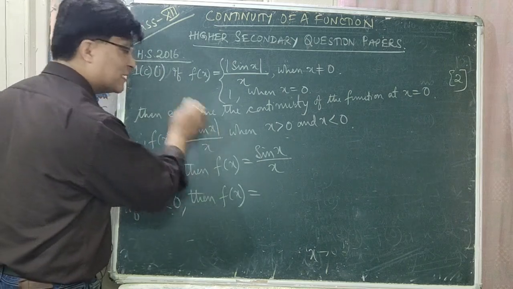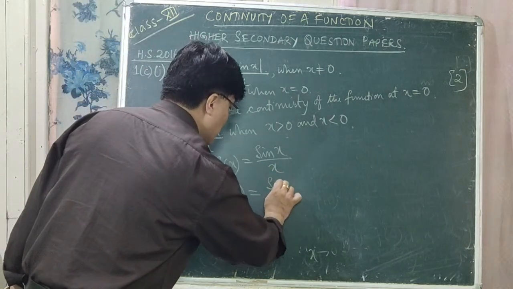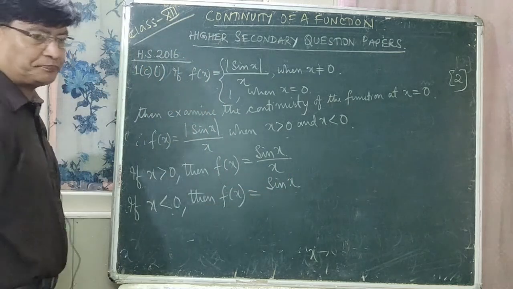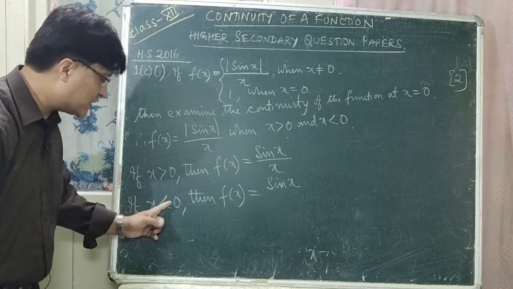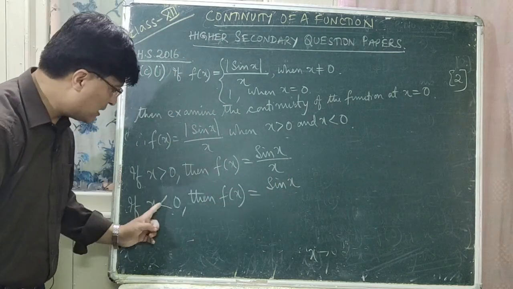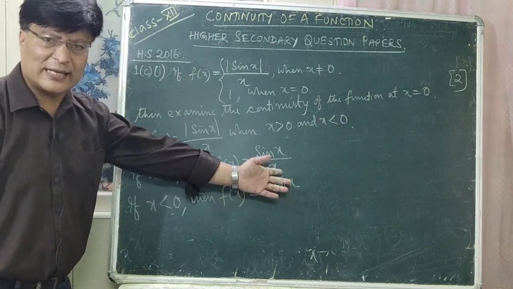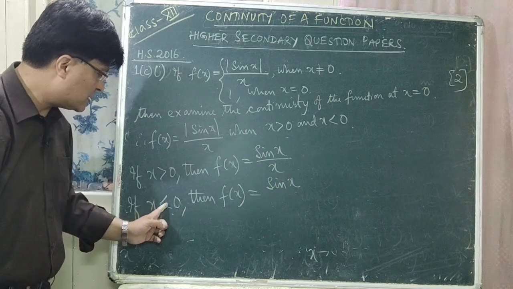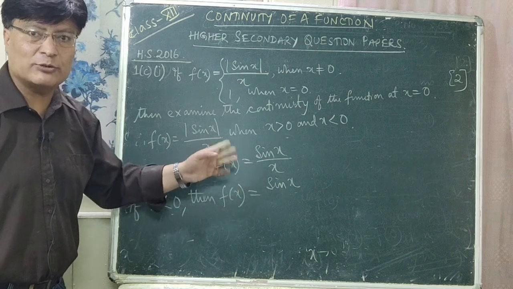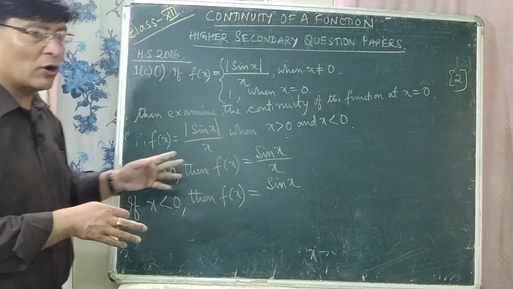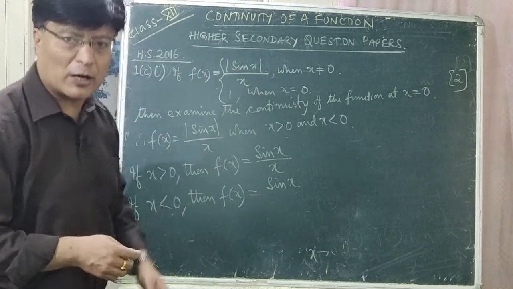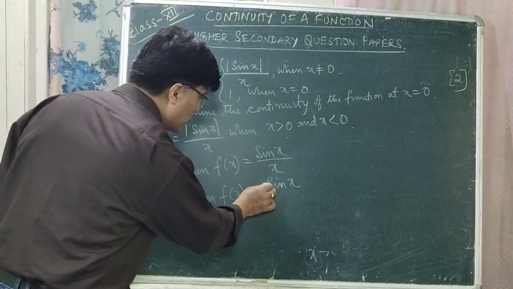You will get minus sin x. So if you write only sin x out here, if x is less than 0, sin x is negative, but you should make it positive. Within modulus sign means its value should always be positive. So to make it positive, what will you write?